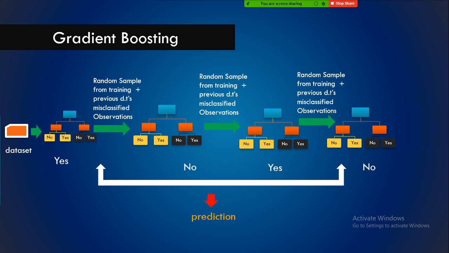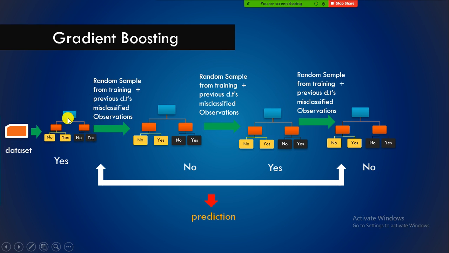Let's say out of 10 customers, 7 customers it correctly classified, 3 customers are misclassified. Now what happens in boosting is that it pays more attention to the misclassified data points to increase the weightage.